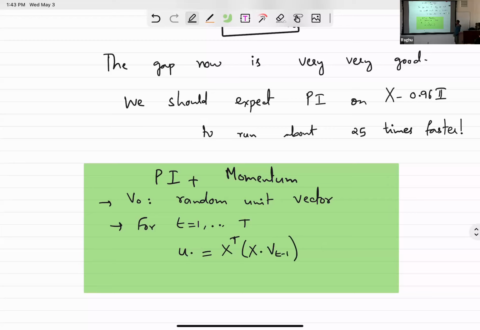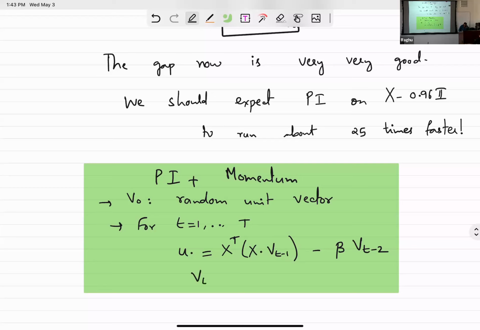So this is the power iteration step. Okay. Momentum just means that your update should not depend just on your current iterate, but also on the history somehow. Okay. So meaning you have to update it in some way depending on where you were in the previous step.